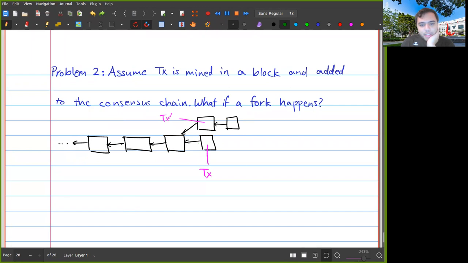So the problem that Bob has is that he has to wait until he can be sure that there will be no such fork, no fork that basically removes this particular transaction from the chain.